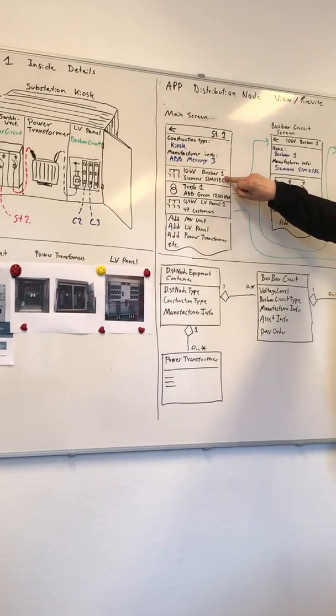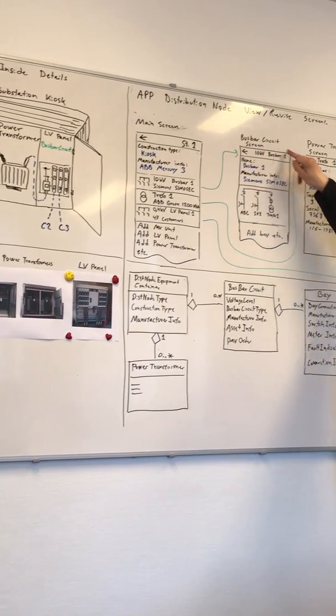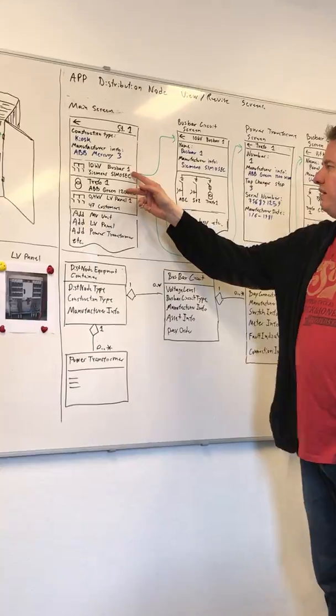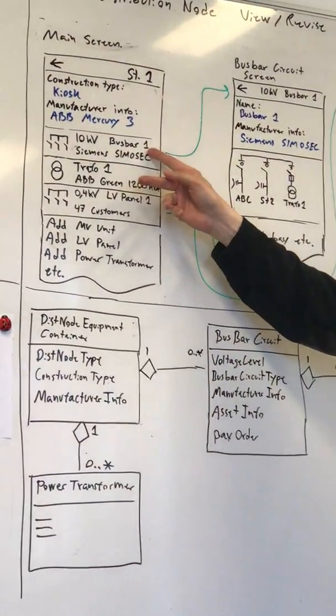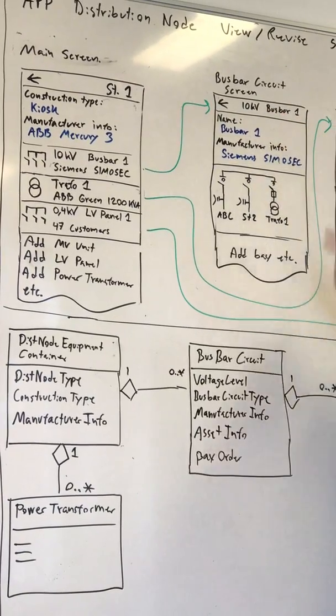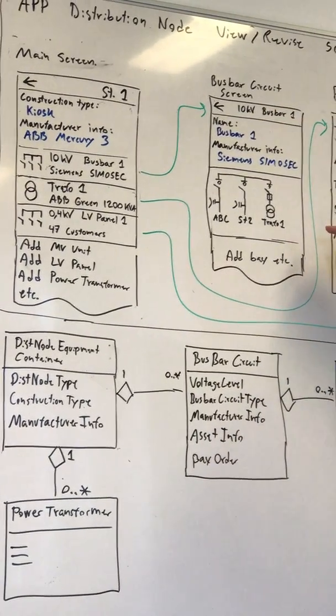So he clicks on this, and it will show a new screen with the details about this particular bus bar circuit. It will show, okay, this is a 10 kV, it knows because it has a voltage level, and it knows it's called bus bar 1 because it has a name.